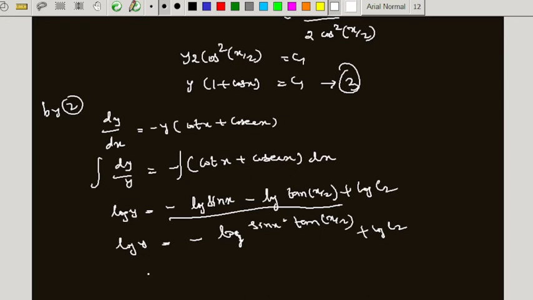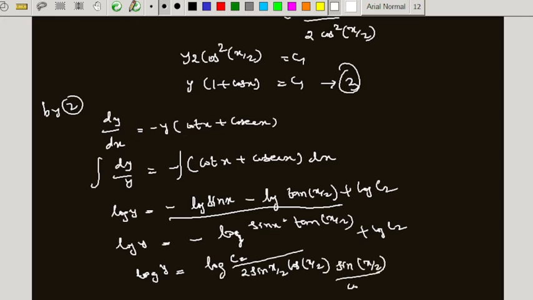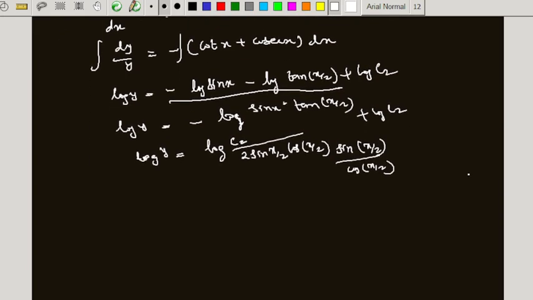So next line we modify, we write this as log y equal to log c2 dividing by sin x, we write it as 2 sin x by 2 into cos of x by 2, and tan can be written as sin of x by 2 dividing by cos of x by 2.